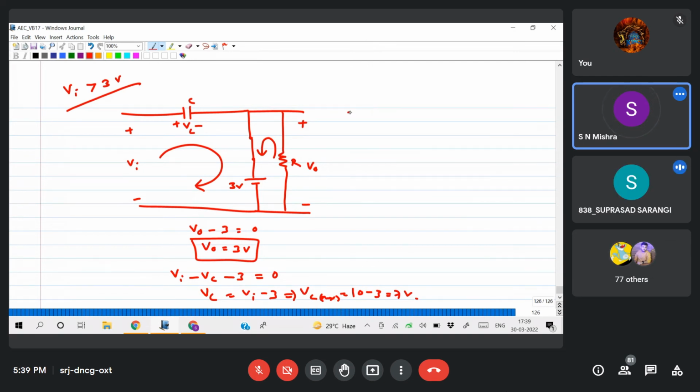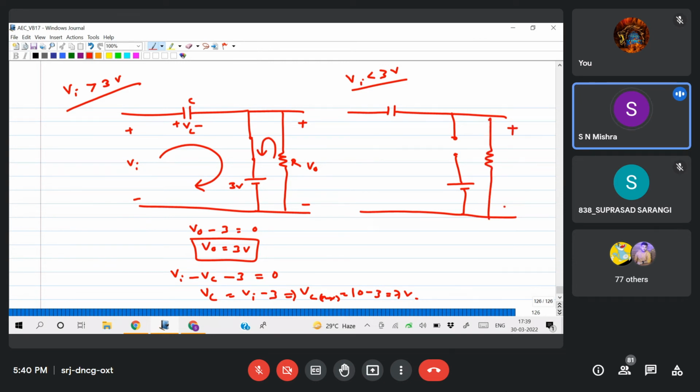Yes, sir. Now Vi less than 3 volt. So when the diode is off, the capacitor will remain the same. Plus minus V naught, R, 3 volt. This will remain the same.